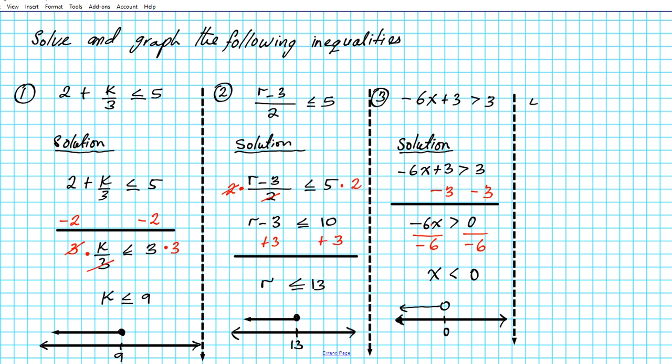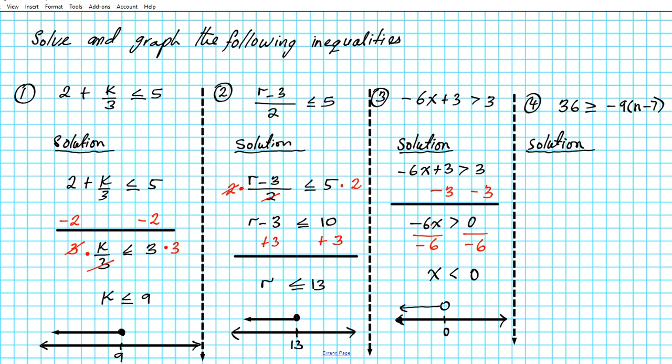Let's say we have the inequality 36 is greater than or equal to negative 9n minus 7. Alright, so let's go ahead and solve this inequality and graph.